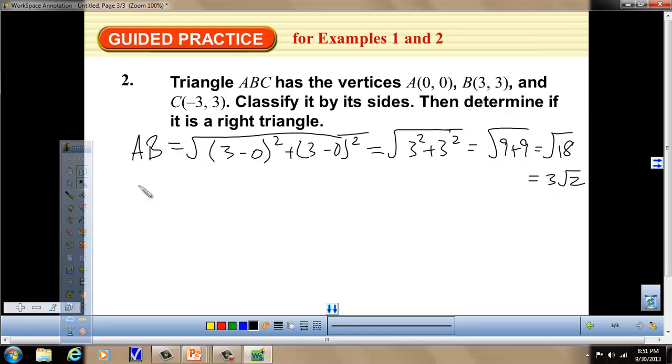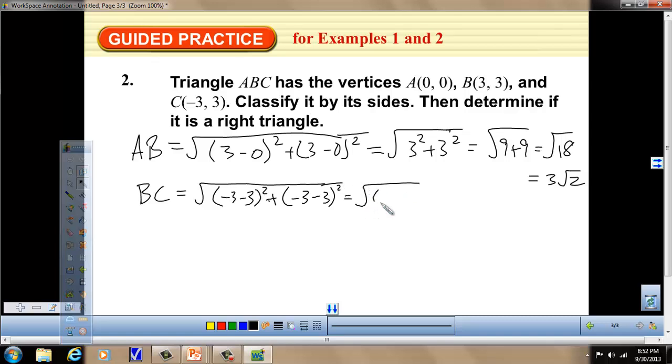For BC, here we have -3 minus 3 squared. Whoops, I'm sorry, -3, yes. -3 minus 3 and -3 minus 3 squared.